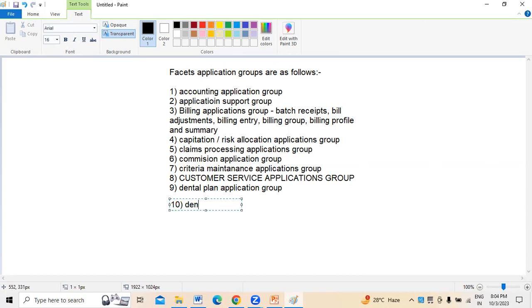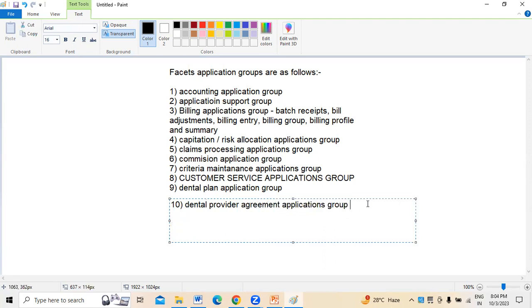Next was dental provider agreement applications group. This is also included in it. Yeah, right.